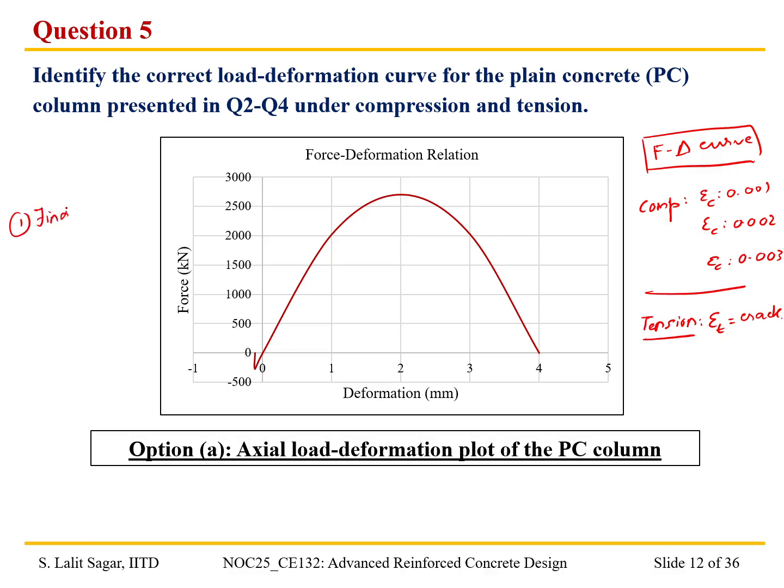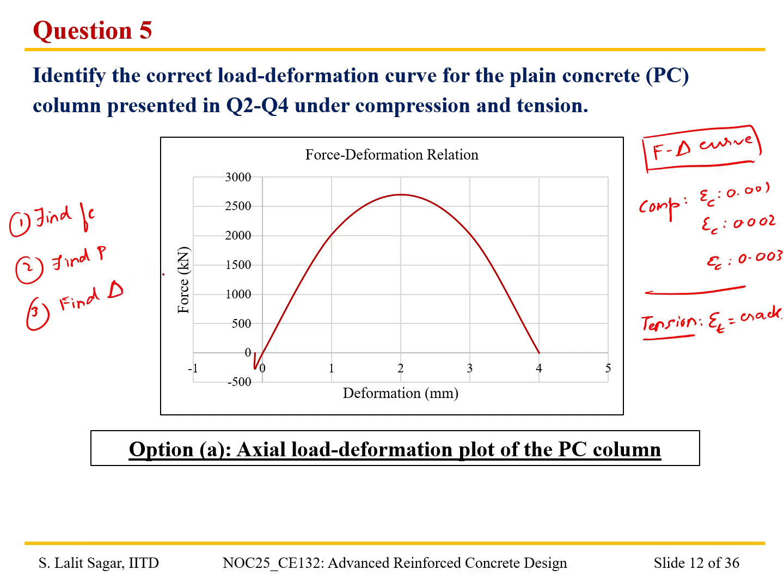For each of these strain values, first we determined fc, that is the stress in concrete. Then we determined the force, the load in the column. Then we determined the deformation in the column.